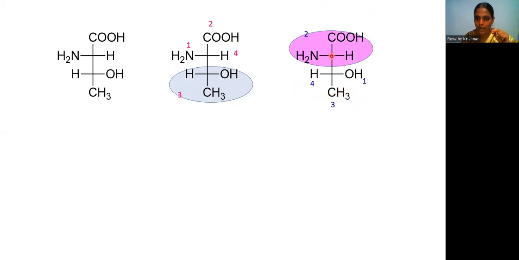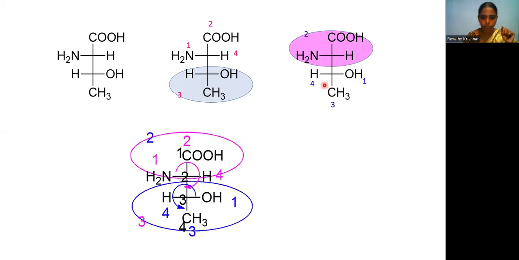And for this carbon, the connecting atoms are nitrogen, carbon, hydrogen. So this is getting the higher priority, number 2, and this is the number 3 priority, and this is number 4 priority.